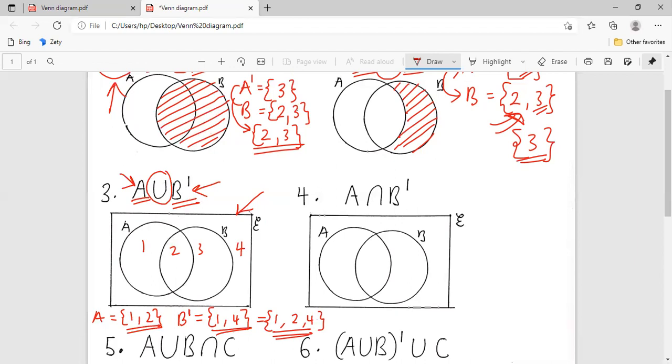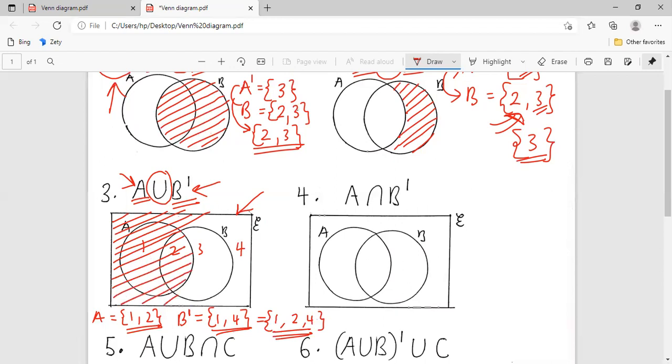So we are going to shade chamber 1, chamber 2, and chamber 4. Chamber 4 is the outside, and chamber 1 and 2 is inside of set A. So this would be our shading.